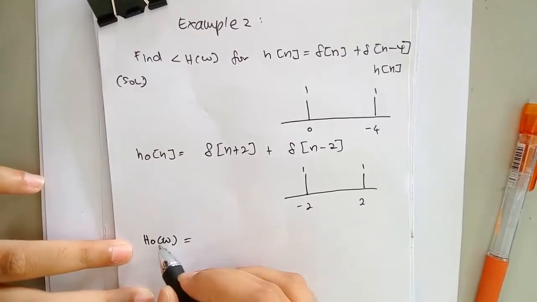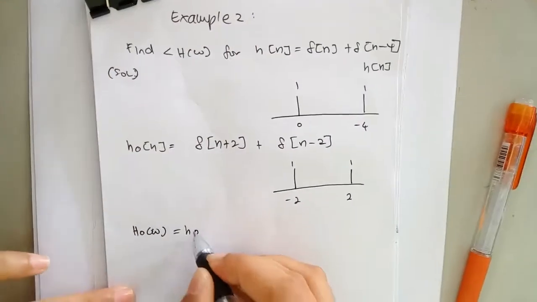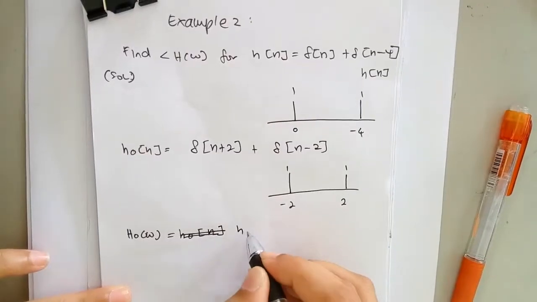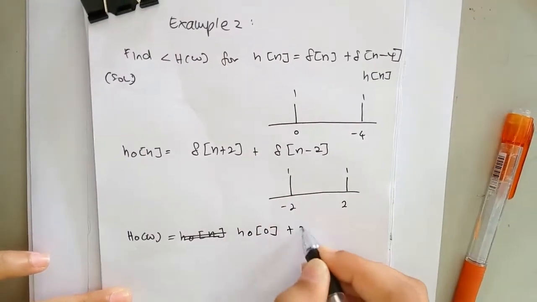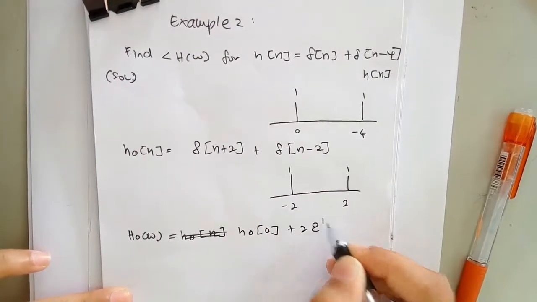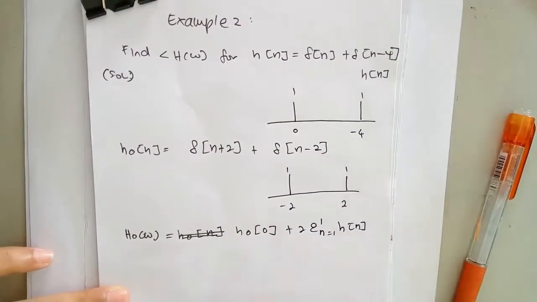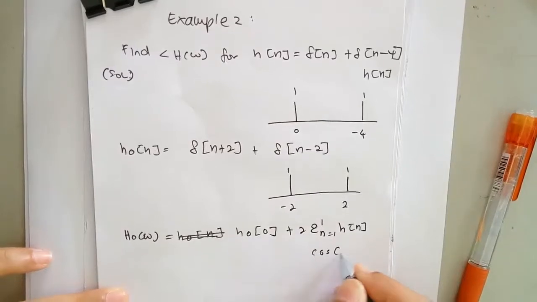Therefore, H naught omega equals the sum of h naught n cos omega n, for n at minus 2 and plus 2.